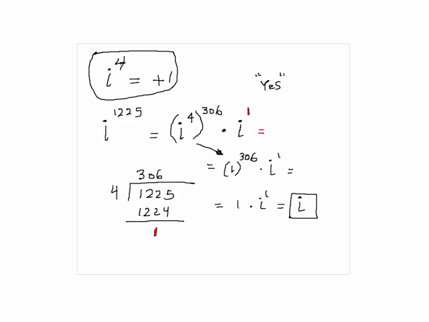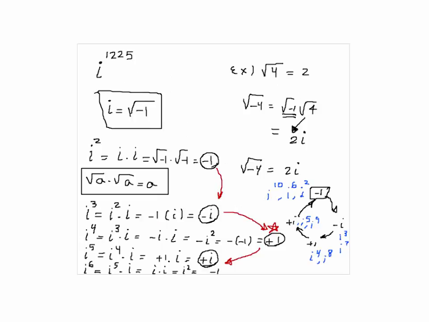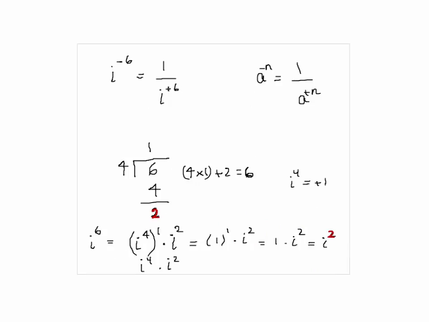So i to the power of 2, we already established what that is. i to the power of 2 is equal to i times i, which is equal to minus 1. So this would be equal to 1 over minus 1, which is equal to minus 1.